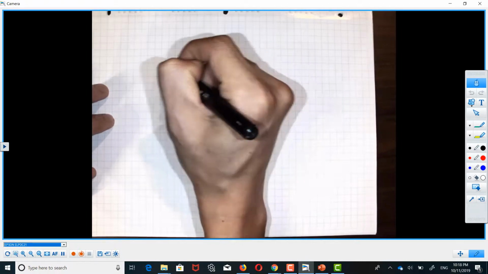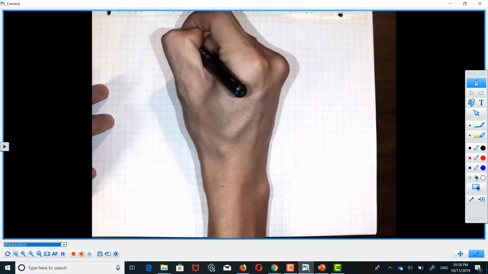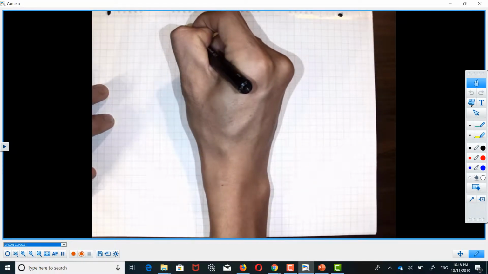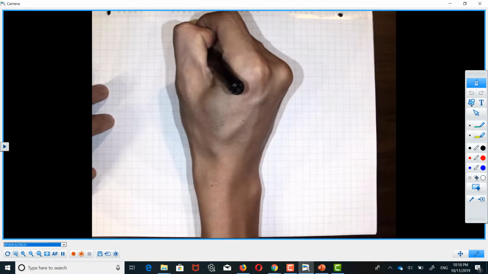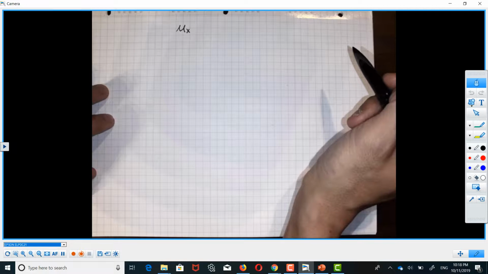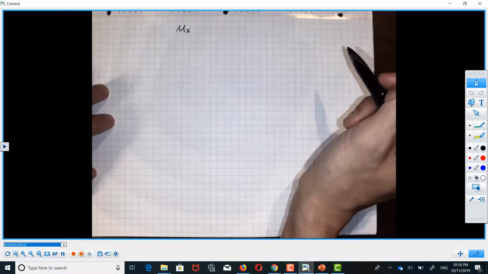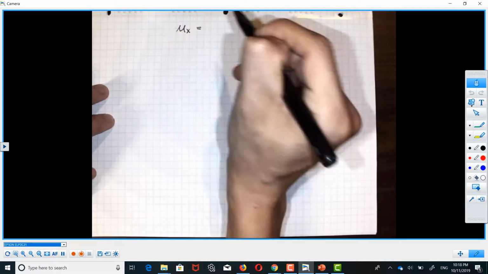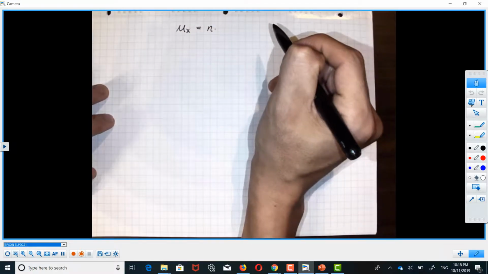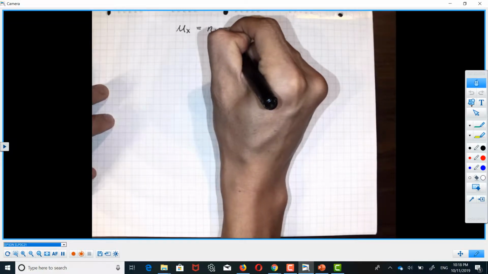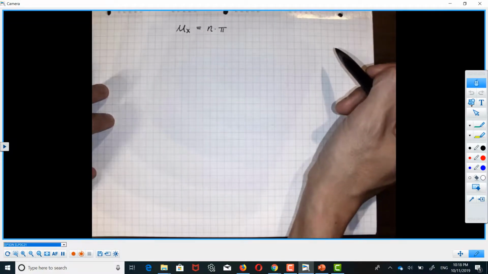Okay, so the formula, as you can see in the slide: typically we use mu for the mean, and this x is the binomial random variable, and it's equal to n. n is the sample size, and then pi is the probability of interest.